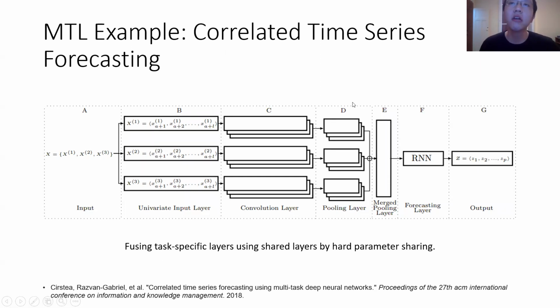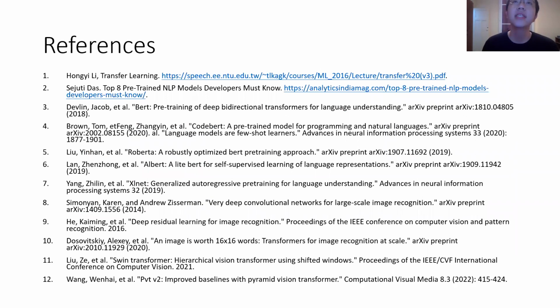This is a little bit different from what we saw before. Before, we had hard parameter sharing at the beginning of the network, but here we have hard parameter sharing at the end. That is, the downstream task is done with one single RNN that is a uniform shared network.